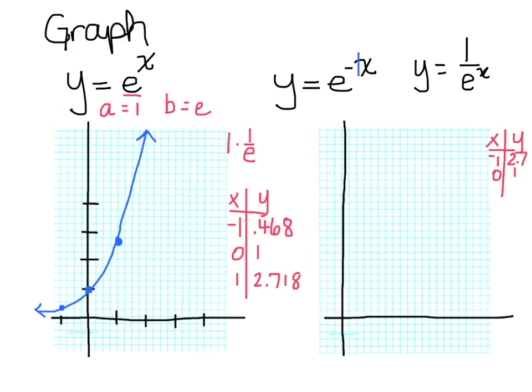That stays the same. And if I put in 1, I'm graphing 1 over e to the first, which we learned is 0.468 about. Again, we're going to use 4 blocks as a unit. And if I were to plot those, -1, which is about back here, 2.7, 0, 1, and 1 a little under a half, you can see that this is going to be decay.